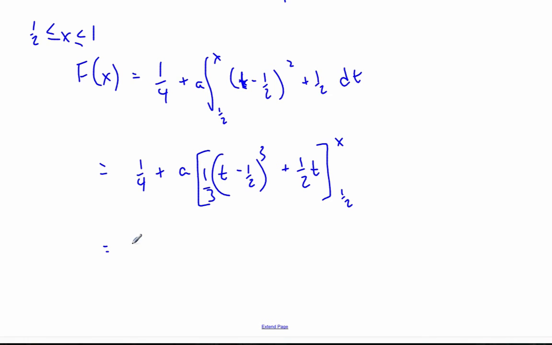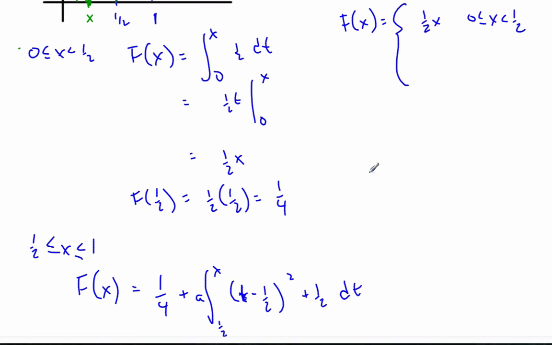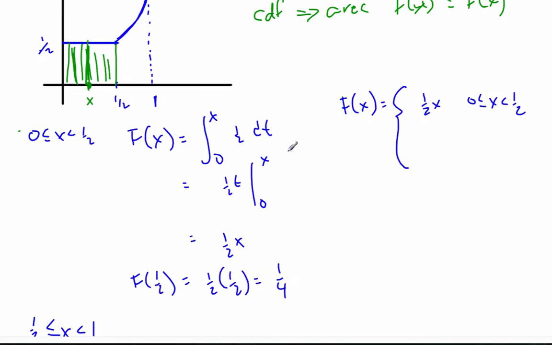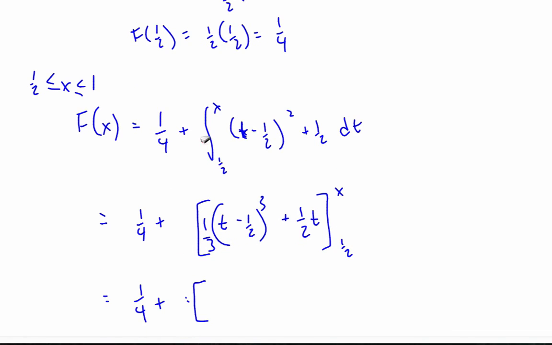And so now if I expand this, I get 1/4 plus a, oh, I have to be careful with my a. My a is only on the first part. I cannot take it out of my integral here. Let me just be careful here and do it correctly. So this a cannot be out front, but rather it needs to be inside the integral here.